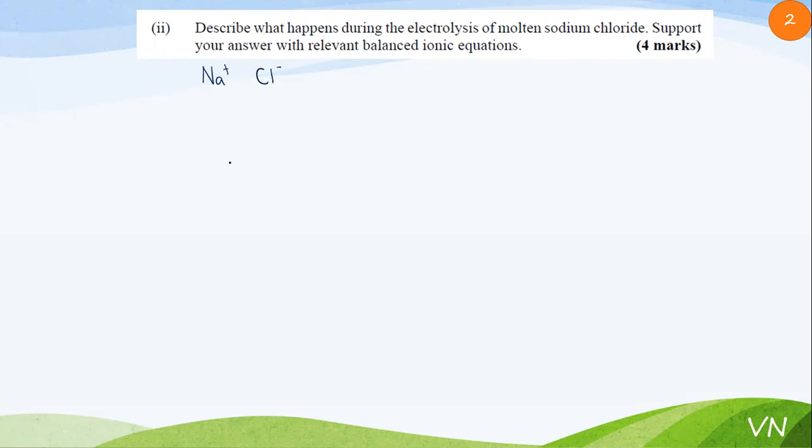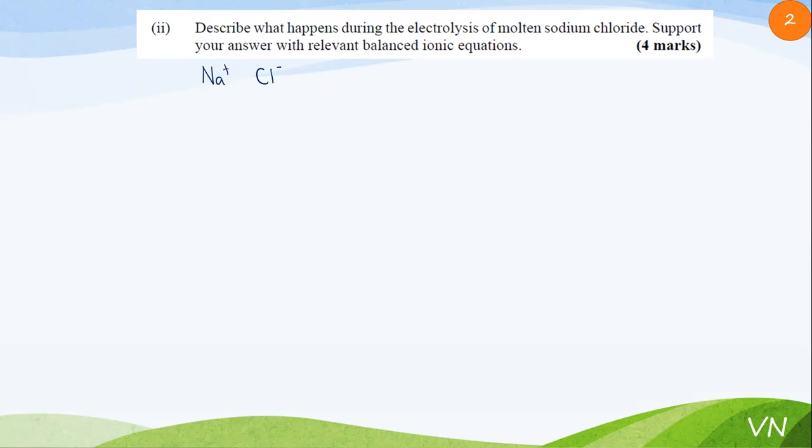Now, will we have H plus and OH? I see some persons are saying yes. But if you read there, it is molten sodium chloride. Molten sodium chloride means that we take the solid sodium chloride and we heat it and it becomes a liquid, or we melt sodium chloride. So it is only going to be sodium plus ions and chloride minus ions.